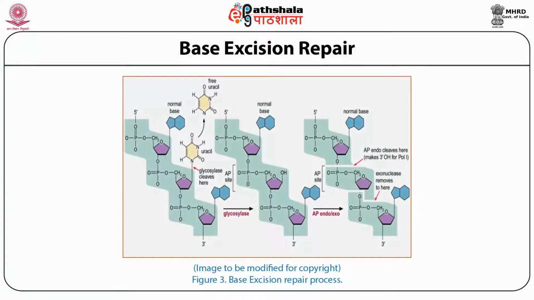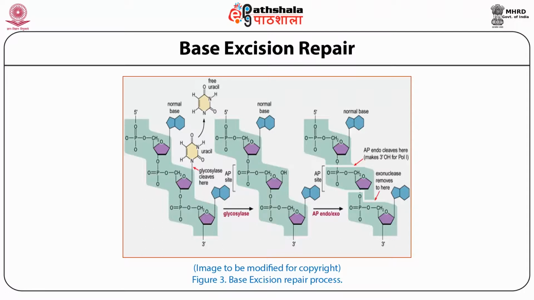This section shows how different enzymes are involved in the base excision repair pathway to remove damaged DNA bases. The pathway starts with the removal of the damaged base by a variety of DNA glycosylases present in the cell.